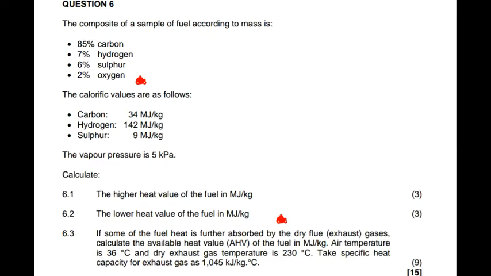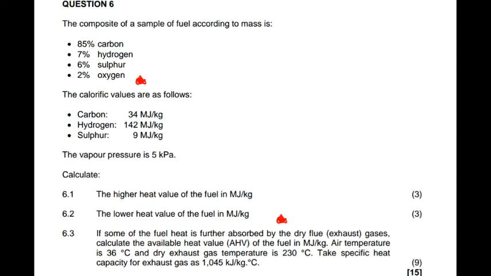And then the calorific values are as follows. Carbon is 34 megajoules per kg. Hydrogen is 142 megajoules per kg. Sulfur is 9 megajoules per kg. And then they gave us the vapor pressure, which is 5 kilopascal.